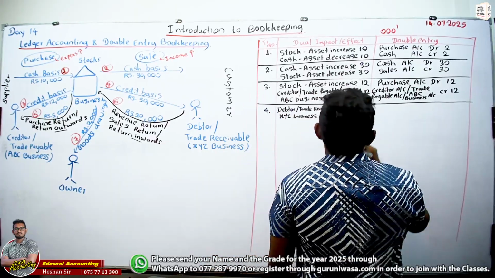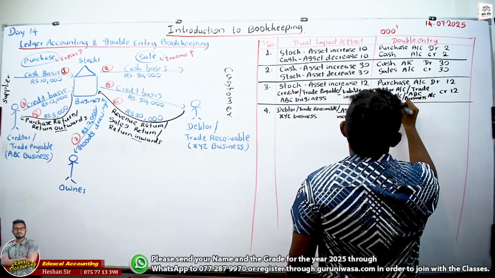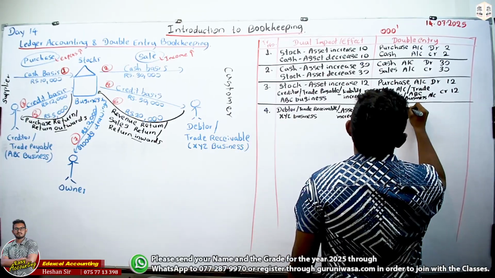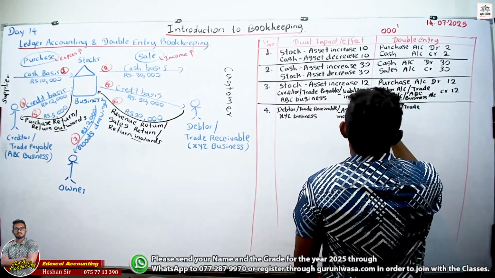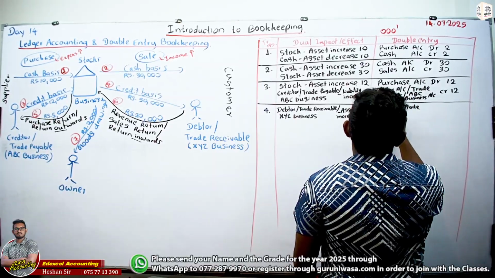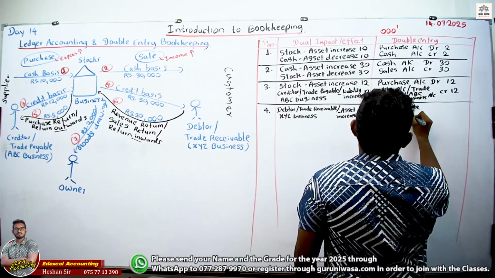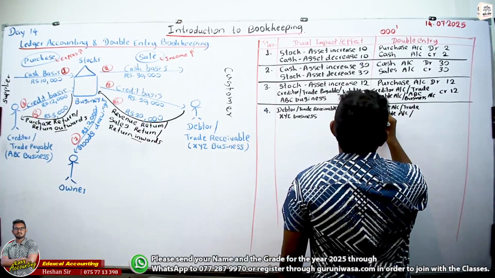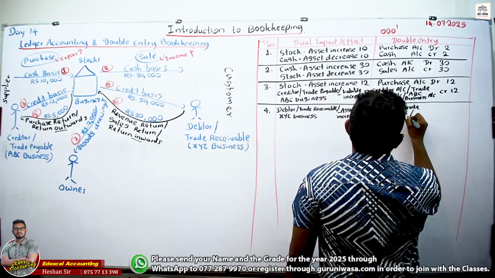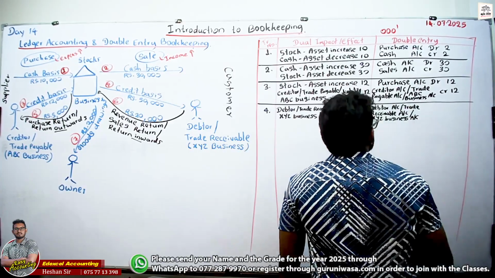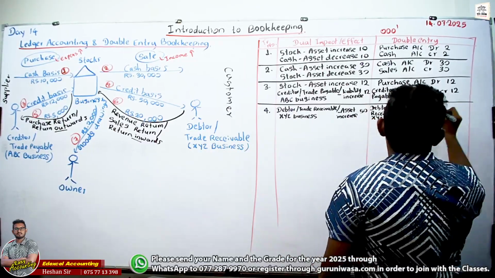So debtor account, or trade receivable account, or XYZ business account, debit rupees 50,000.